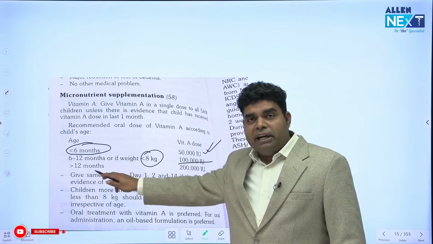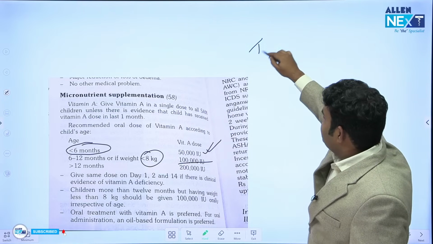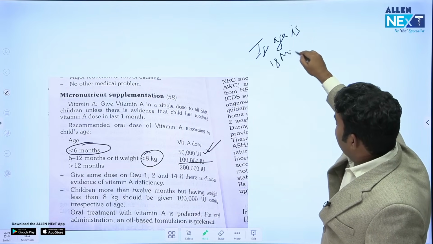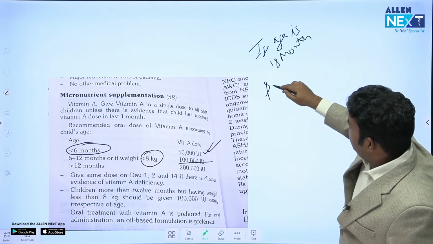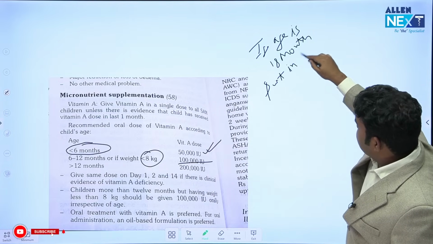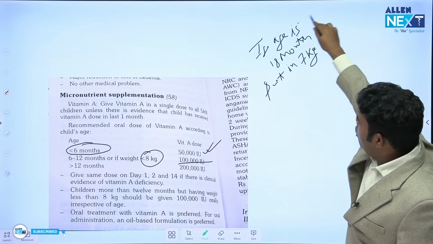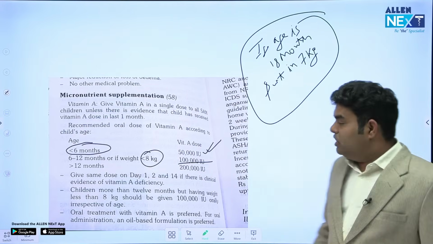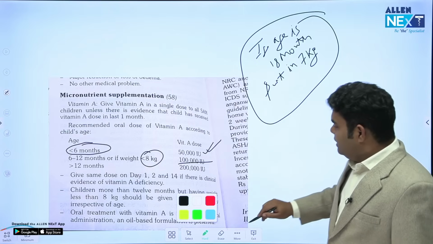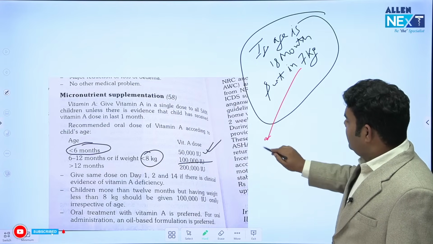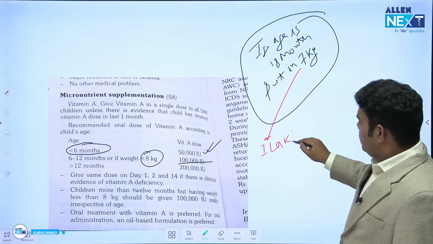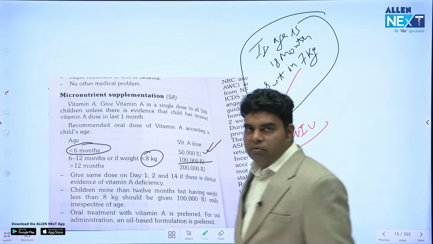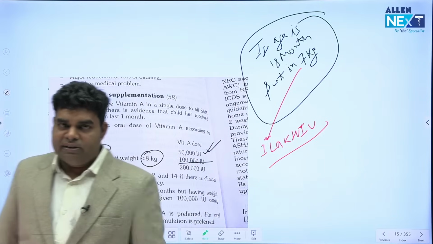If the age is 18 months and weight is 7 kg, how much vitamin A will you give? Weight is less than 8 kg, so whenever it is less than 8 kg, the answer will be 1 lakh international units, not 2 lakh.